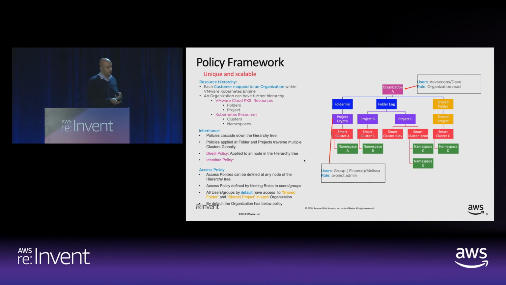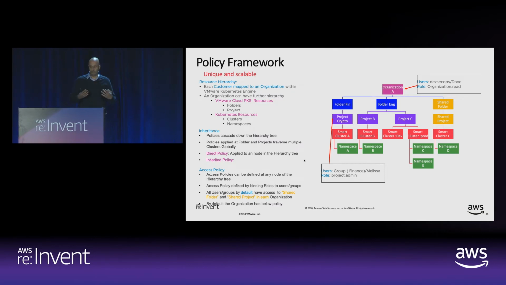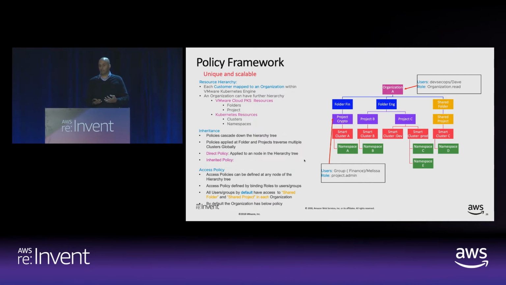And of course, the more important piece and the final piece here, I think is a very important feature and capability, is what we call the policy framework. One of the things around managing a cluster or a set of clusters between hybrid or on-prem and on Amazon is how do we give access to what component and who do we give access to?